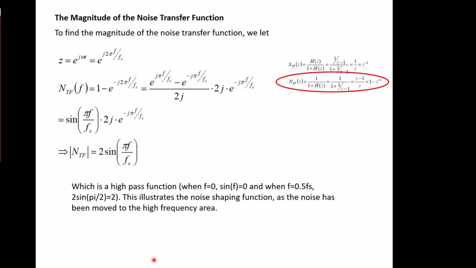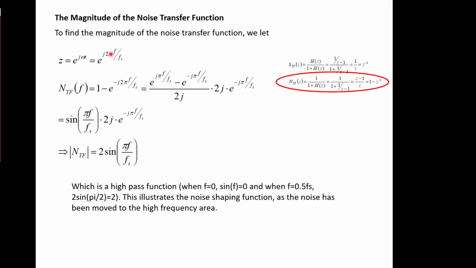So to look in a bit more detail at the magnitude of the noise transfer function, we can start with our definition of Z, think back to the last lecture, was e to the j omega t, which is similar to the S transform as well, and that boils down in frequency terms to e to the j2 pi f over fs. Okay, and then we can just start to make the substitutions for Z in our transfer function.